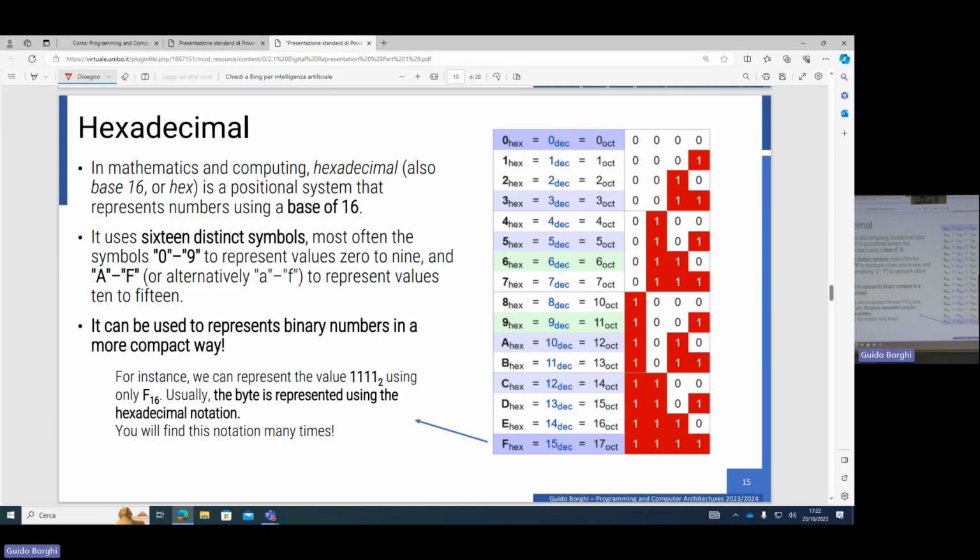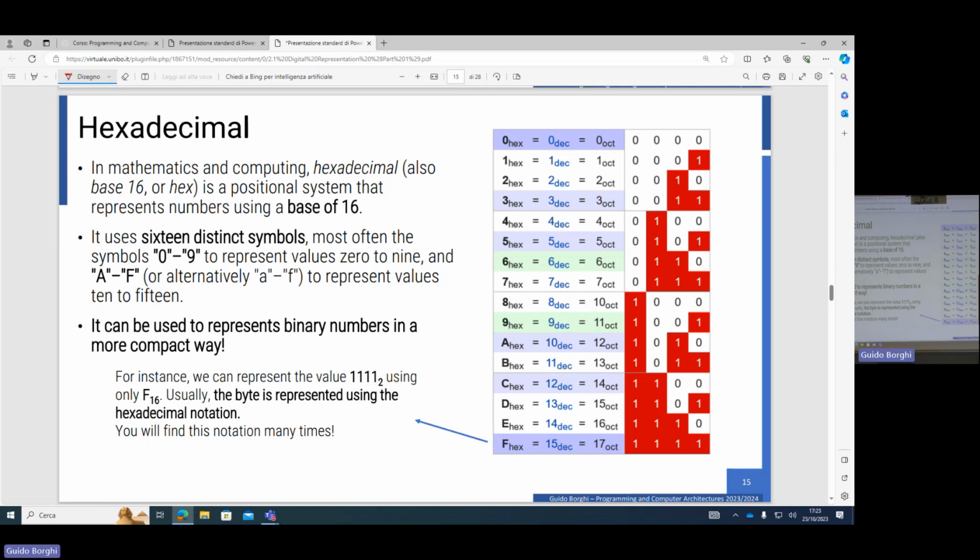As you can see here, the binary representation occupies a lot of space. For example, with the letter F, with only 1 digit, we can express the value 15 of the decimal representation, a value that is expressed in binary by 4 different 1s.